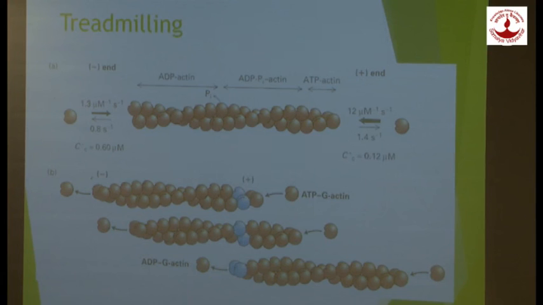So new actin molecules come inside, and they are disassembled at the minus end, as if you have a pipe and the water goes in and out, the length of the pipe remains the same. Similarly.